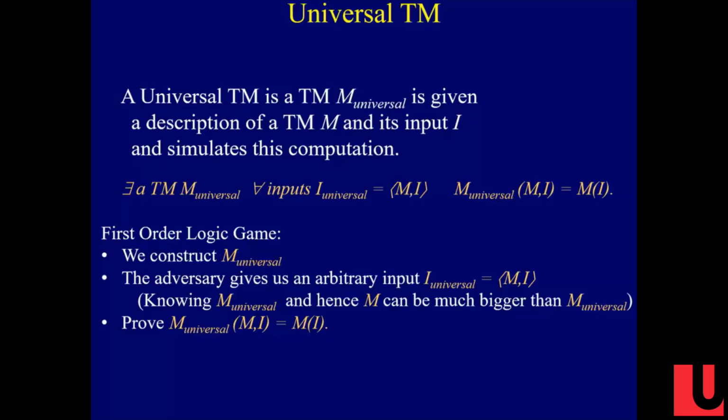So maybe I should add that to the slide. First define the universal problem, and then this line is really identical to this line. Does that make sense? Any more questions about the first order logic? Should we go back to the single multi-tape one and check that one?